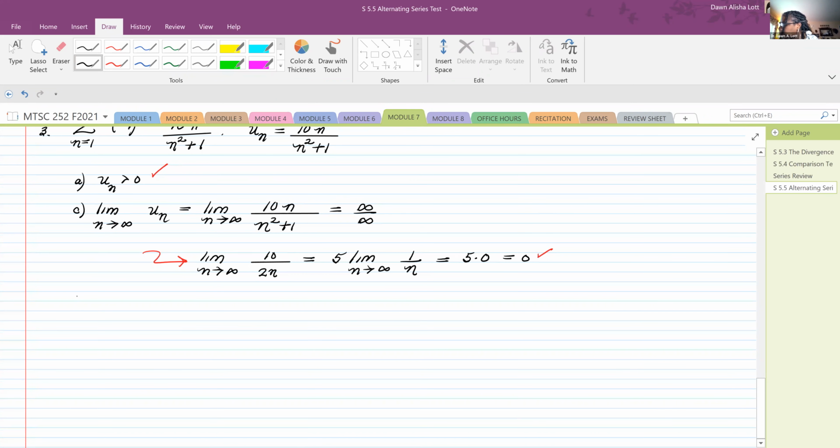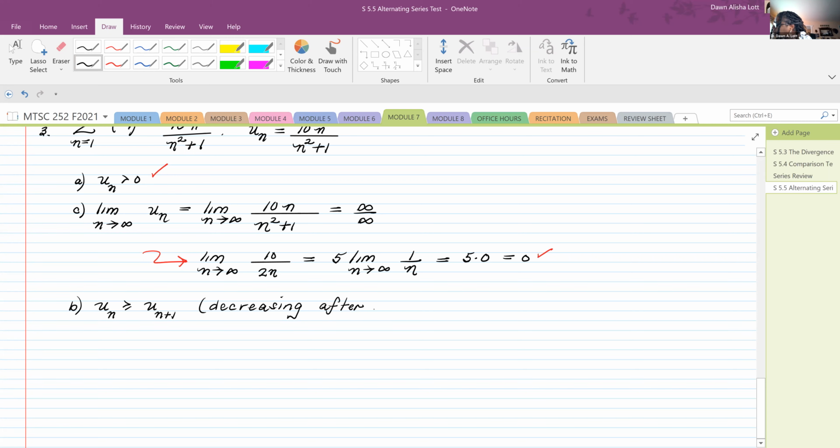B says U_n has to be bigger than or equal to U_n+1, so the terms have to be decreasing. That means after some n, they have to be decreasing; they don't have to be decreasing all the way.